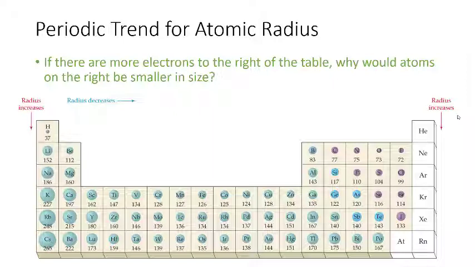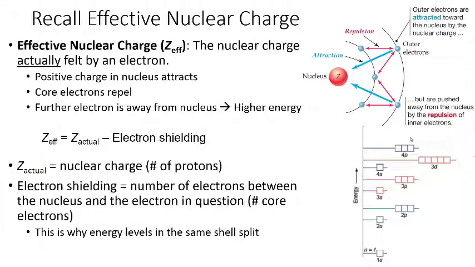Now there are a couple reasons behind this change in radius. One of the first reasons that we're going to look at is the trend going from the left to the right. As we go from the left of the table to the right-hand side of the table, the atomic radius gets smaller. The reason for this is due to the effective nuclear charge.